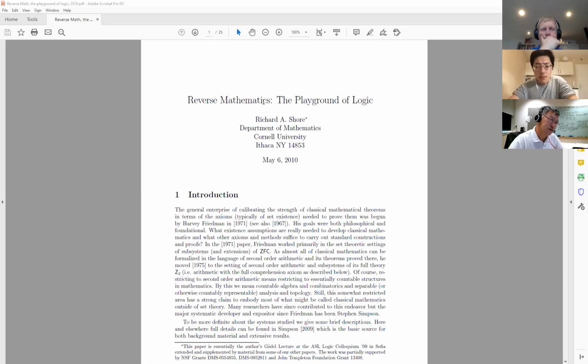The theme was reverse mathematics. The title is Reverse Mathematics, the Playground of Logic. In this lecture, Richard Shore is trying to promote this interesting research area, reverse mathematics.